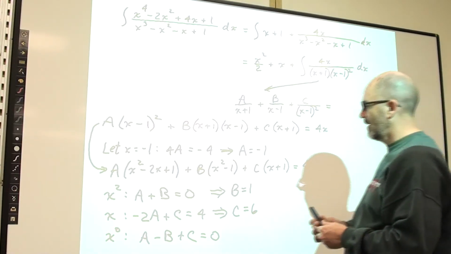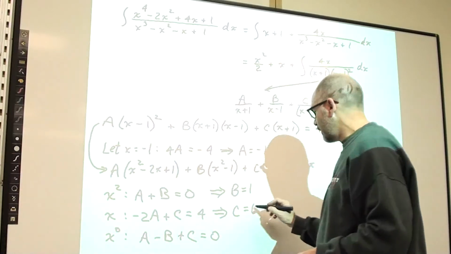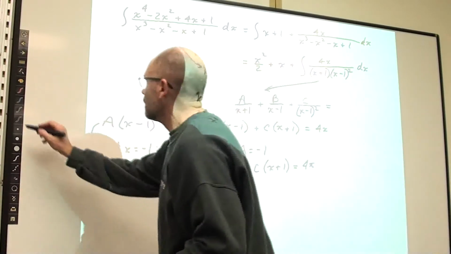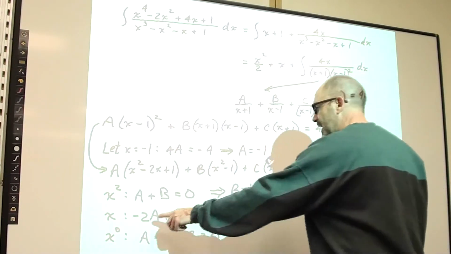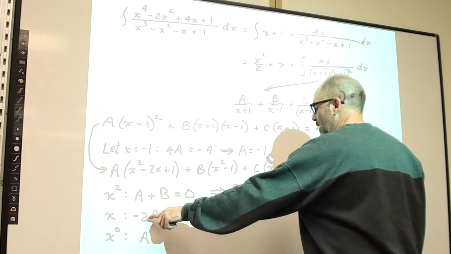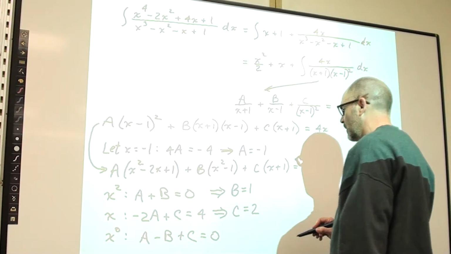Oh, rats. You guys probably caught the mistake long before I did. If A is negative 1, that makes this a 2. So I subtract 2 from both sides, and I get C equals 2.